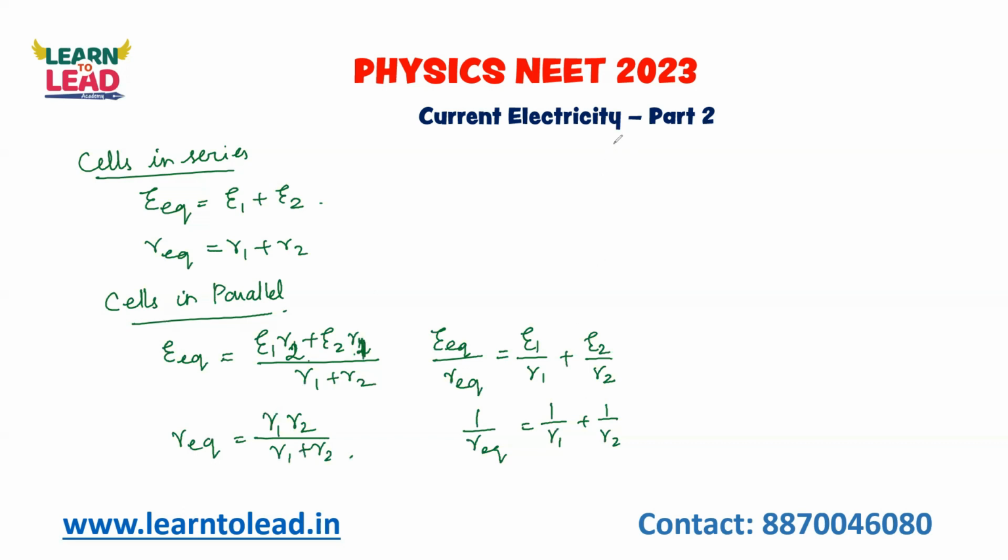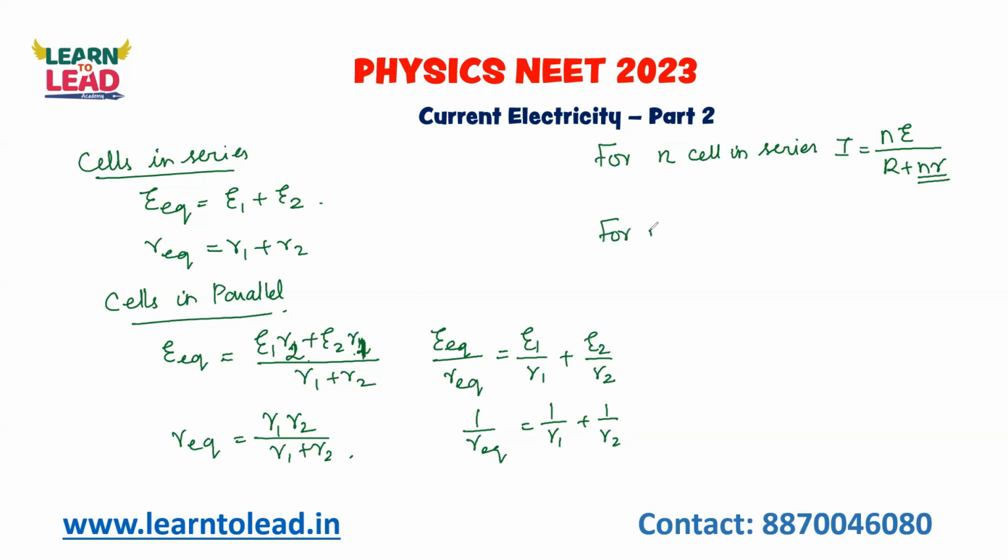Next, importantly, you should know that when n cells are in series, the current in the circuit is equal to n into equivalent EMF divided by R plus nr. That is why we are adding small n with small r. Small r is nothing but the internal resistance of a cell. As there are n cells, we have to mention it as nr.